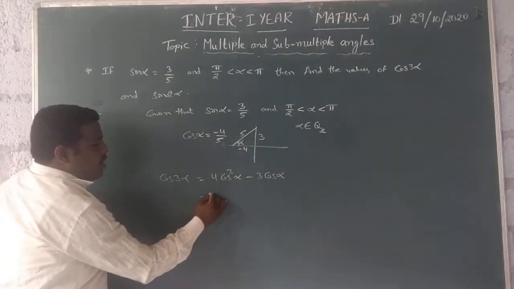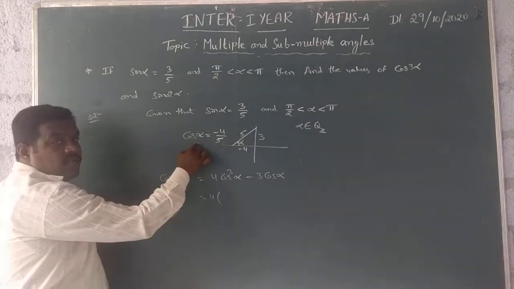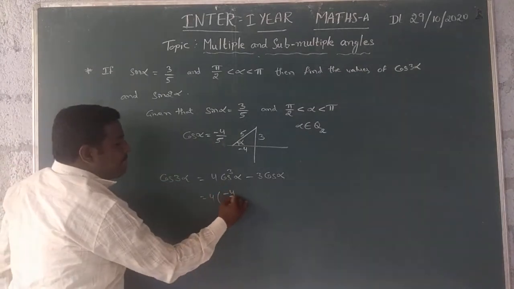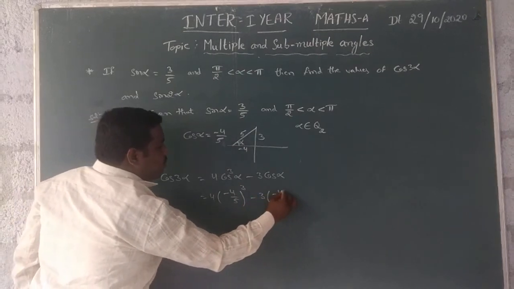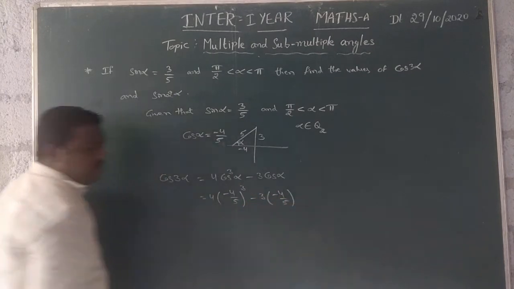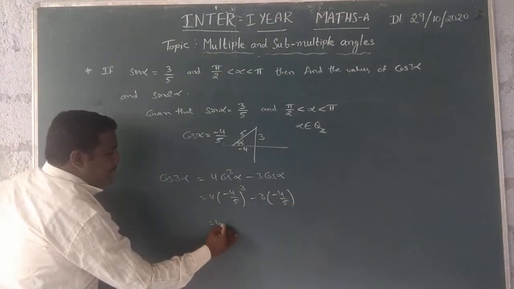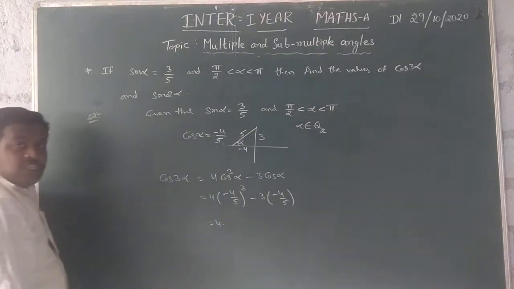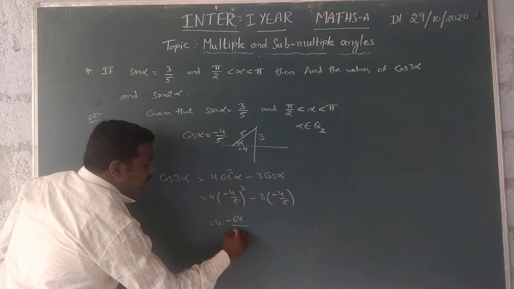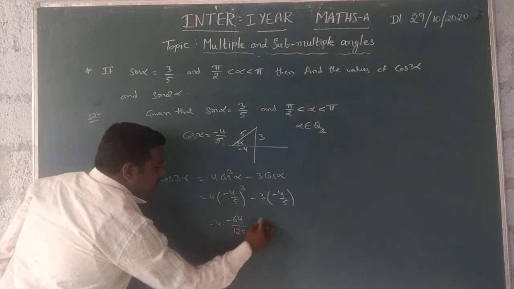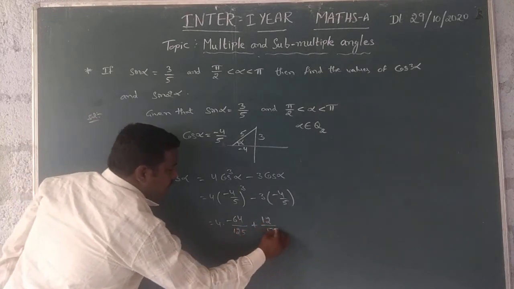That equals 4 into cos alpha, which is minus 4 by 5, whole cube, minus 3 into minus 4 by 5. So 4 fours are 16, 16 fours are 64. So minus 64 by 125 minus of minus, plus 12 by 5.